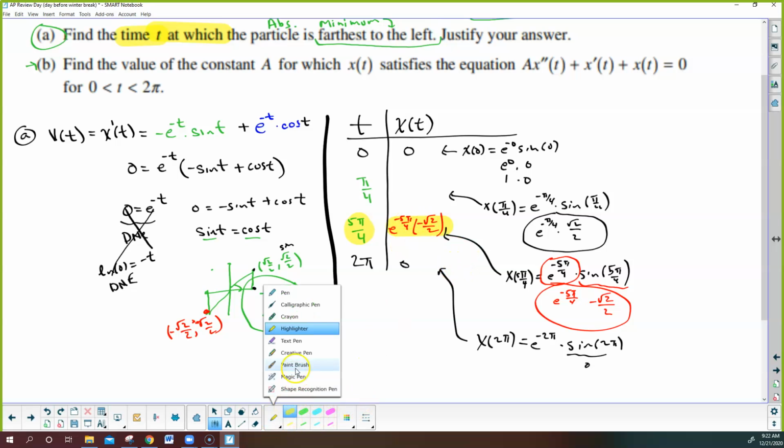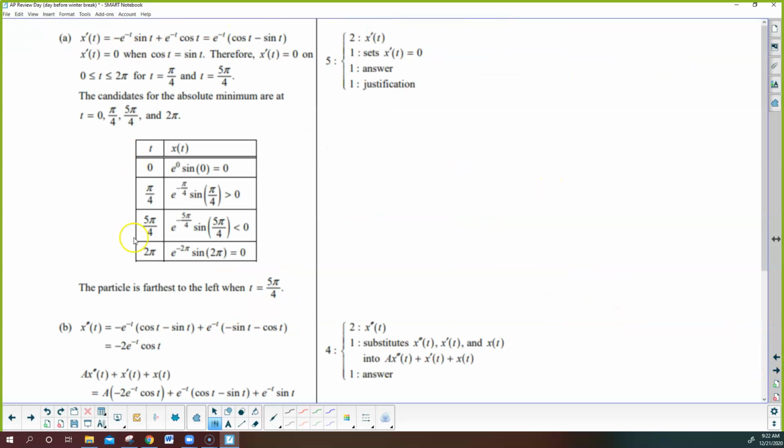And then my justification, part of this is my justification, is just showing the derivative. We're running out of time, so I'm going to show you kind of how they did the work here. You got 2 points for the first derivative there. So if you got the derivative correct, even not in factored form, you got 2 points.